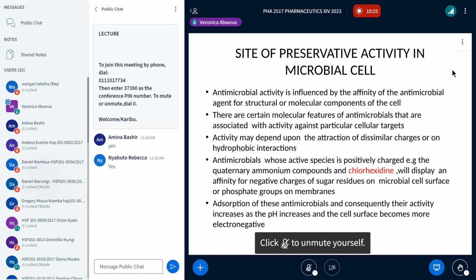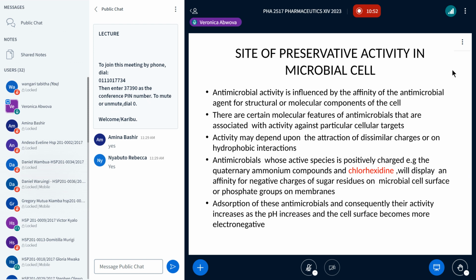Then antimicrobial activity is influenced by the affinity of the antimicrobial agent for structural or molecular components of the cell. So, for instance, you may get a preservative that has a high affinity, say for DNA, or it may have a high affinity for the cytoplasmic membrane, or it may have a higher affinity for some specific proteins within the cell.